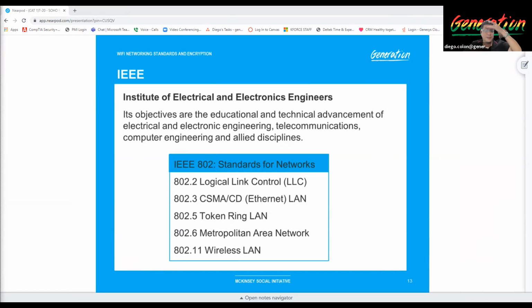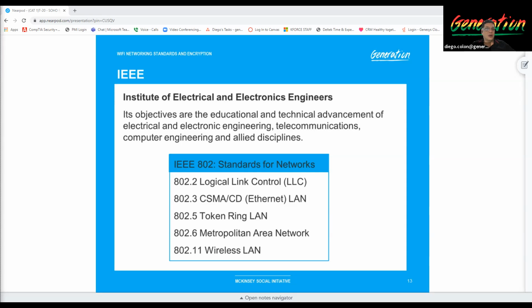Its objective is to ensure standards of communications. In here you have the 802.2, which is the LLC, the logical link control. You have the 802.3, which is your Ethernet standard of communications. You have 802.5, which is the token ring.